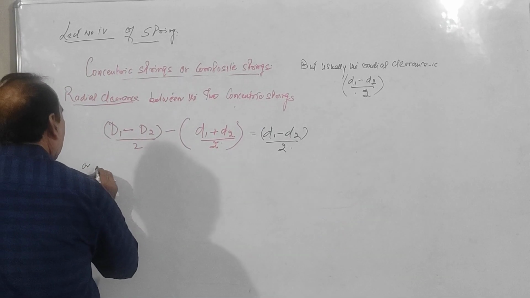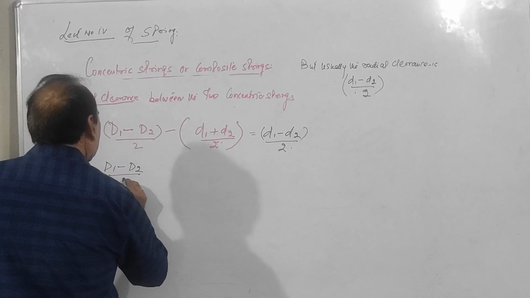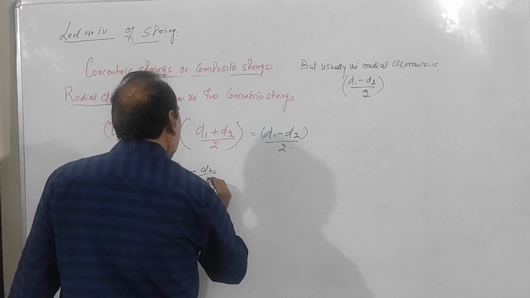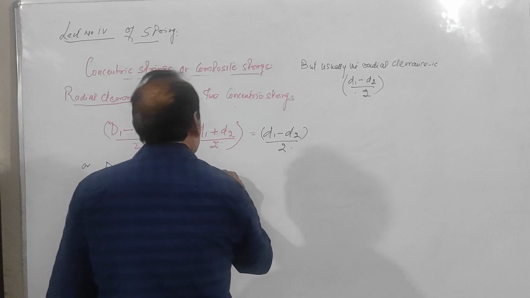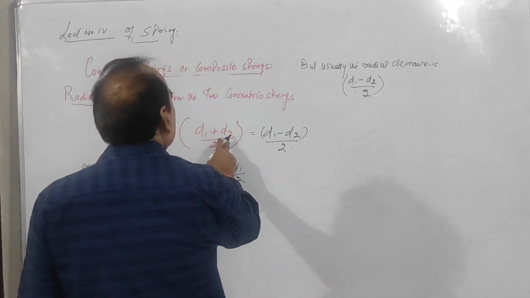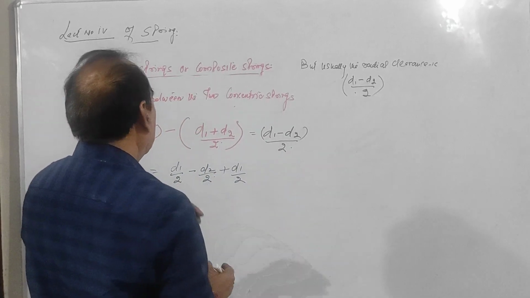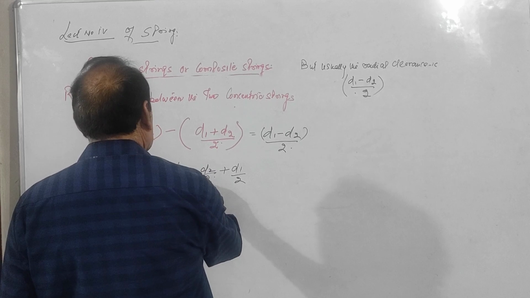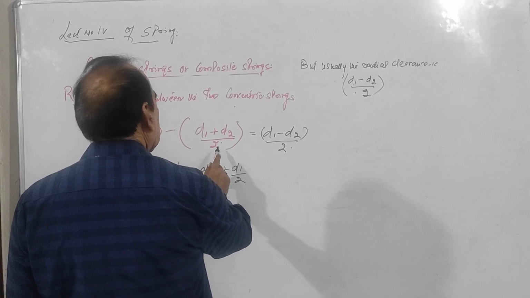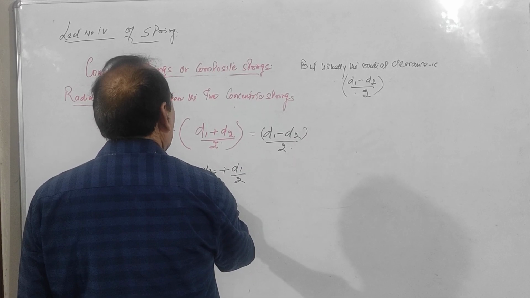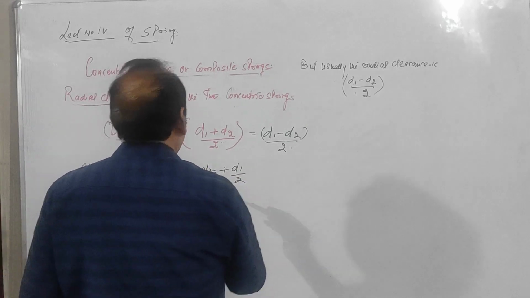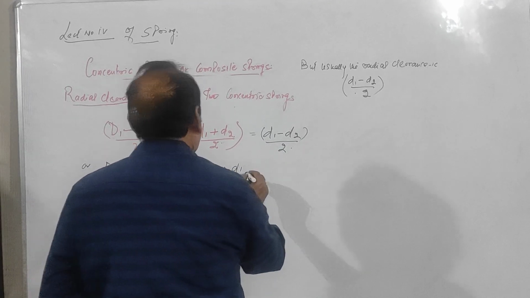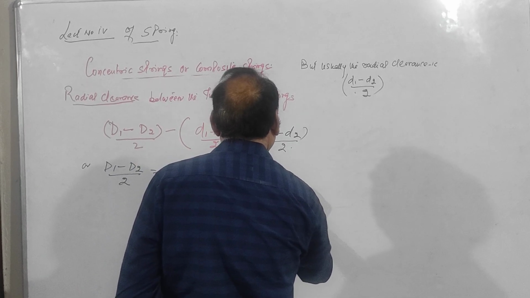So d1 minus d2 divided by 2 is equal to, ये हो गया d1 by 2 minus d2 by 2 माइनस, ये तो जाएगा प्लस d1 by 2 minus d2 by 2, right?